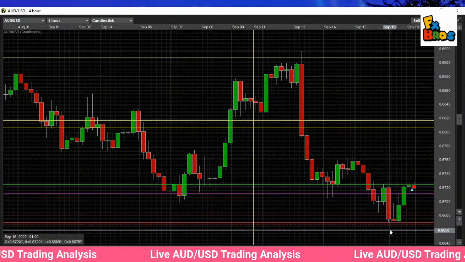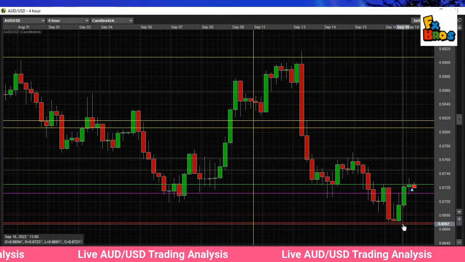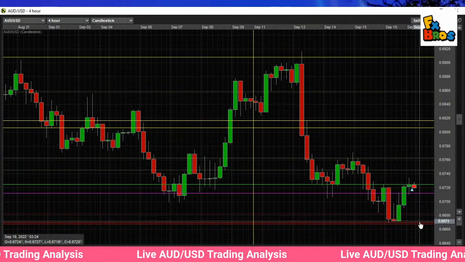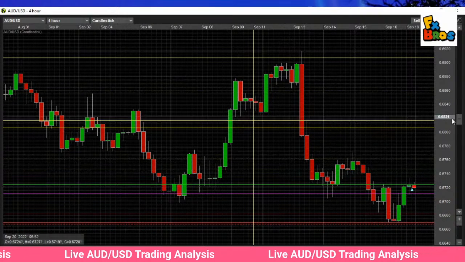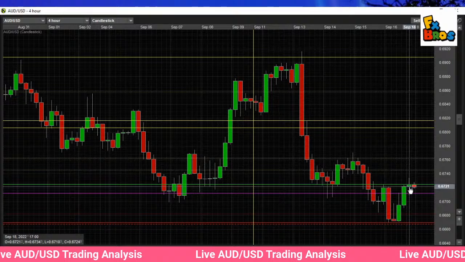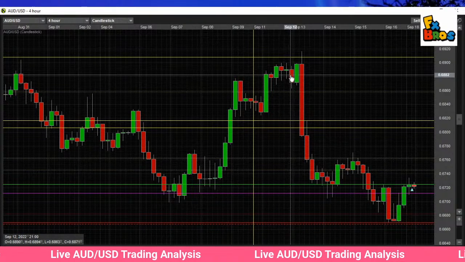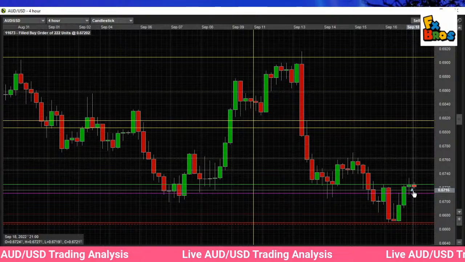I don't know. I mean, the market could create a double bottom on this new low and then push higher again. It could. We have indecision right here on this 4 hour, so it could continue higher or push lower. Who knows? Oh, we did get entered on that buy.